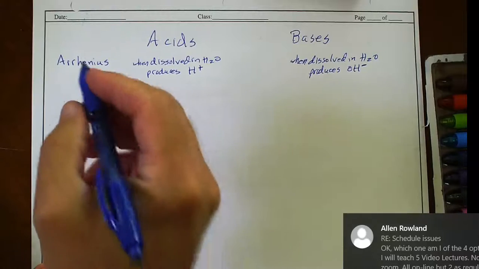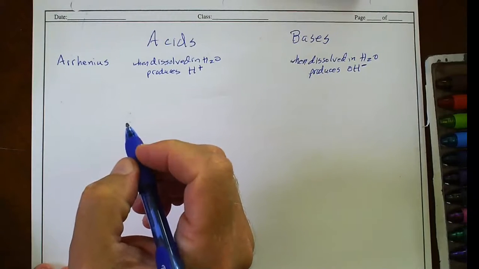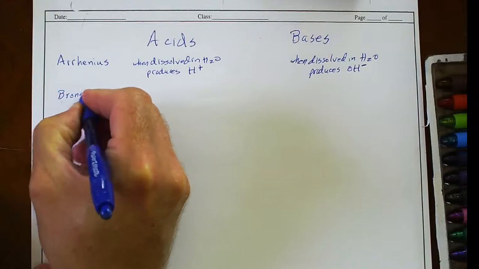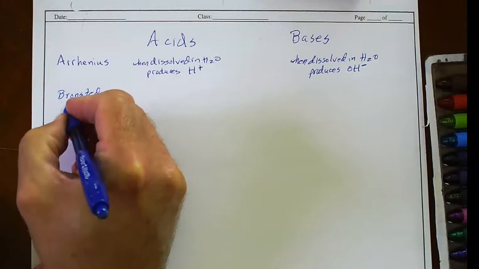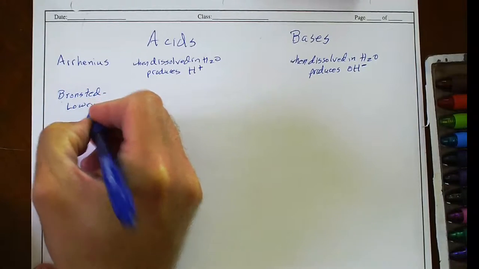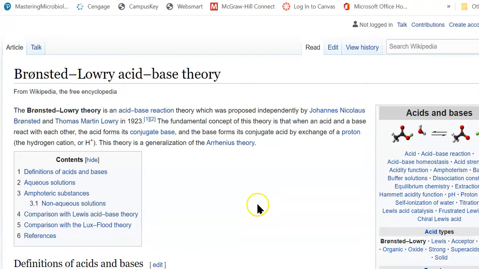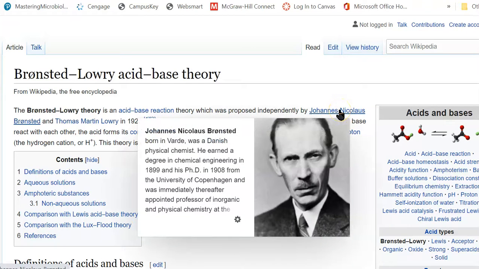All right. The second set of definitions are attributed to two people. Let me see if I can find a little info for you on those people. So the Bronsted-Lowry theory, here you go. You have Bronsted.